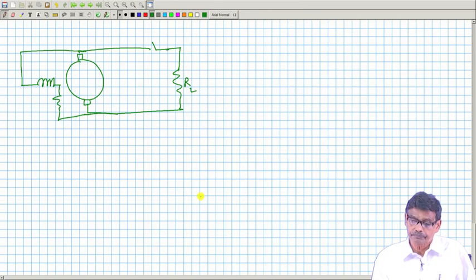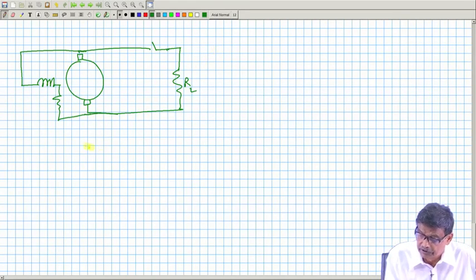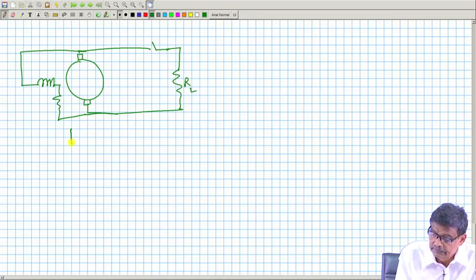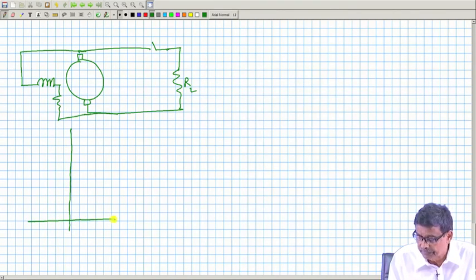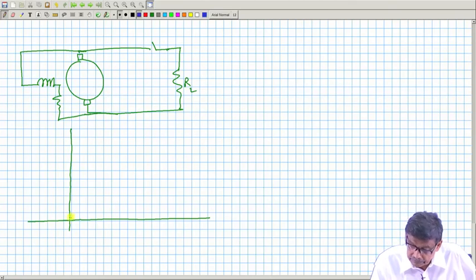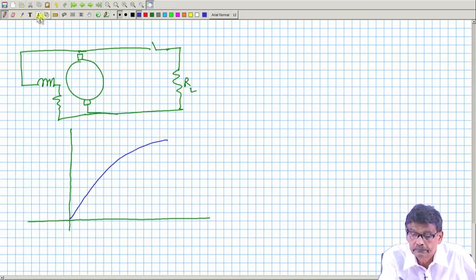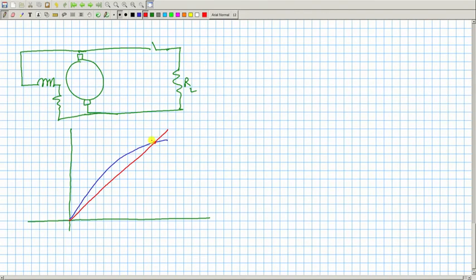Now, the open circuit voltage, with S opened, we know what voltage is developed. This is the point of intersection, and this much is the voltage.